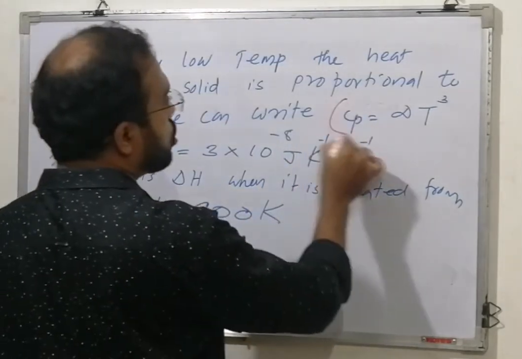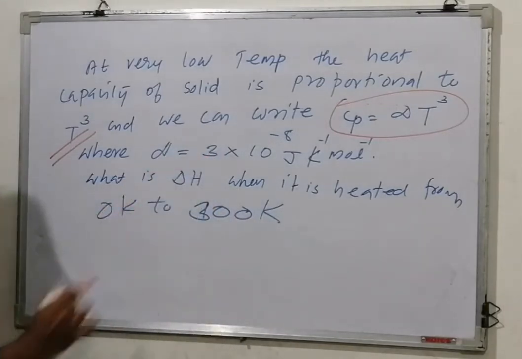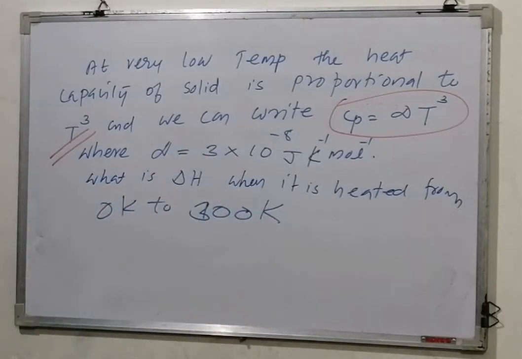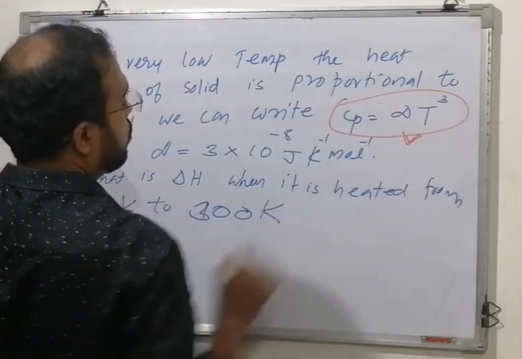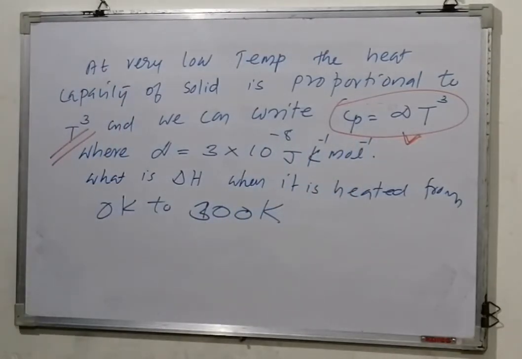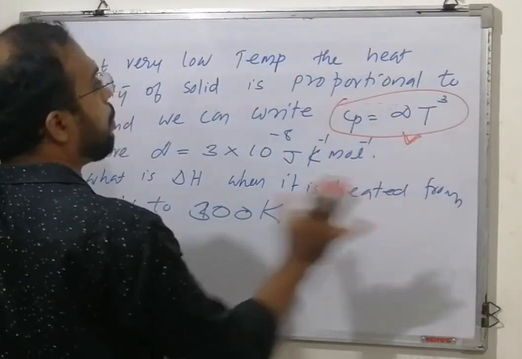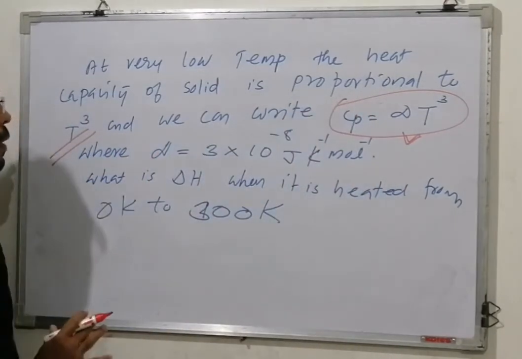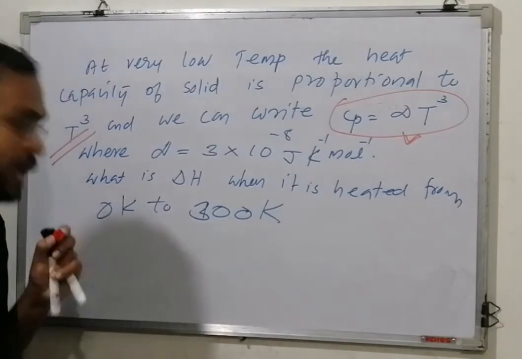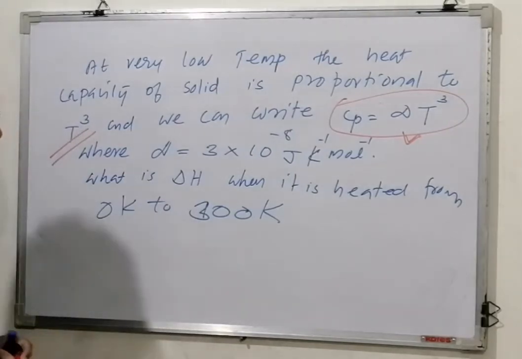And a relation for Cp has been given, where the value of alpha is given. What is delta H? This is the heat capacity of the solid. Heat capacity is alpha T cube, T is the temperature. Value of alpha is given. Now what is delta H when it is heated from 0 Kelvin to 300 Kelvin?